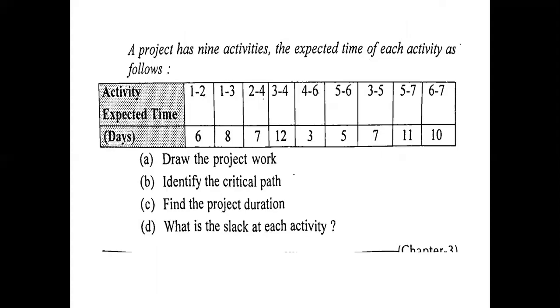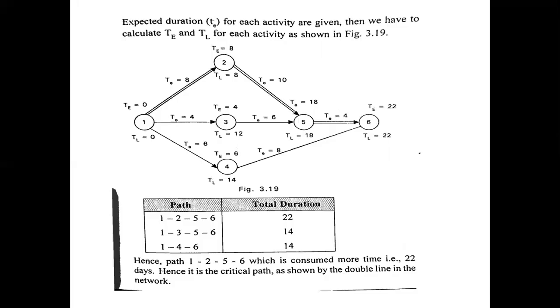So the maximum type of problems they are going to ask: in some problems they are going to ask you to identify the order of each and every activity. In some problems they are going to give the order. After seeing that order, you have to draw the network diagram. After drawing the network diagram, you have to find out the earliest and latest finish time of each and every event.